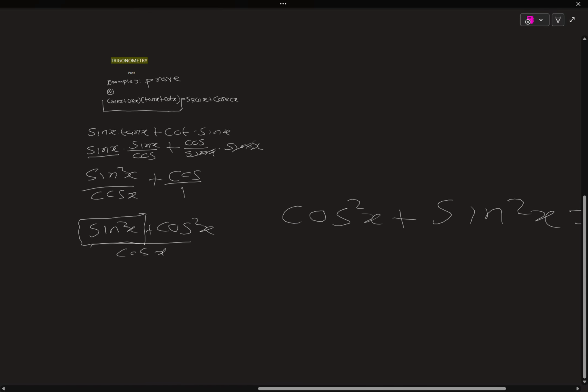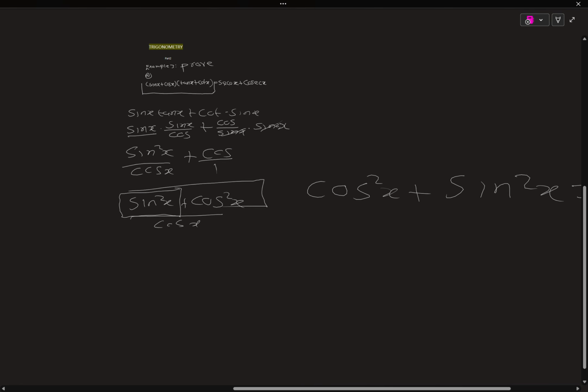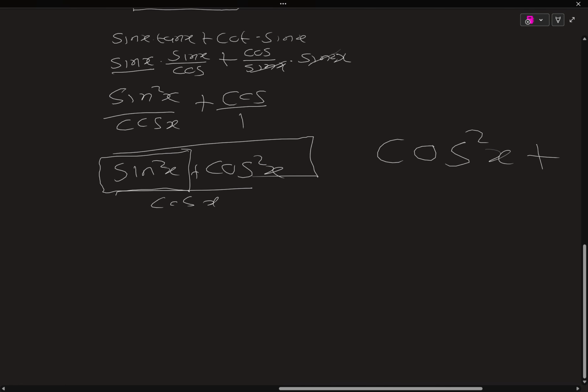You remember, this is the same identity that we see here. So we just replace that identity with 1. So it's simply going to be 1 over cos.